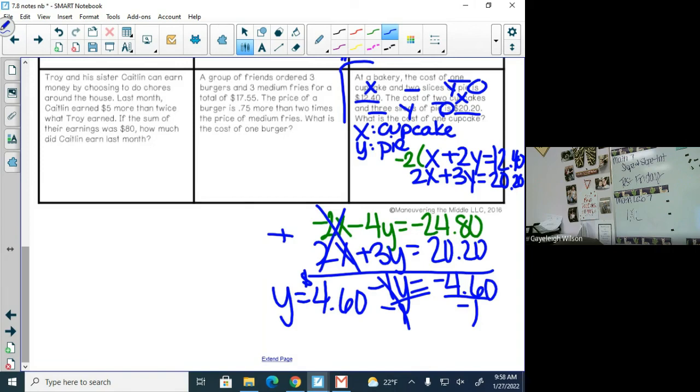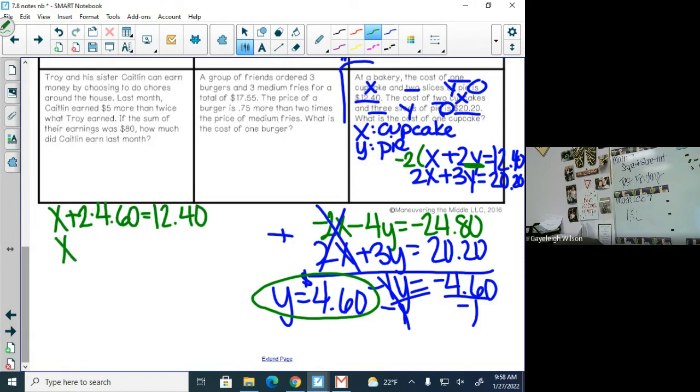Okay. All right, then the question said, how much is 1 cupcake? So I'm also gonna have to find x. So I'm gonna take this 460 and plug it in for the y in the first one. So that's x plus 2 times 460 equals 1240.